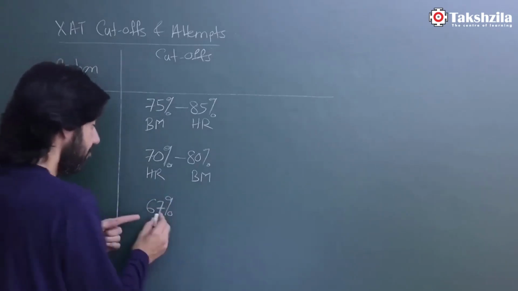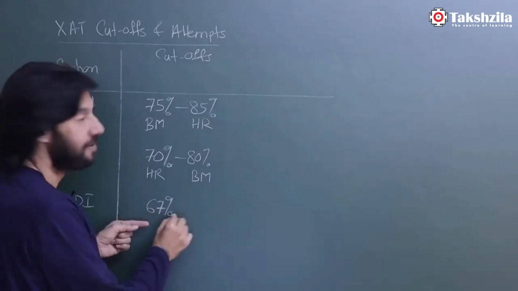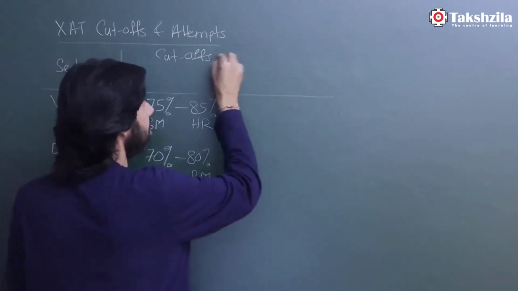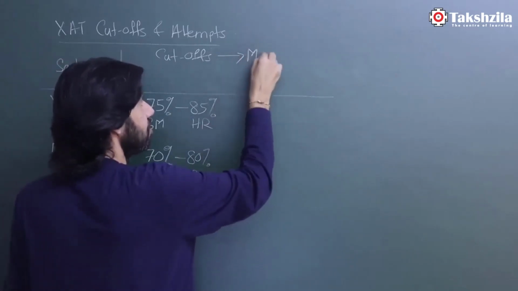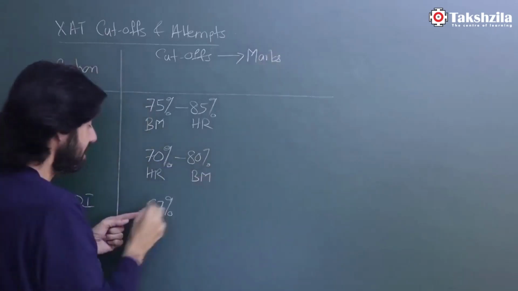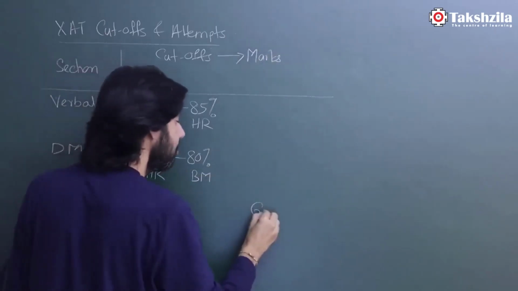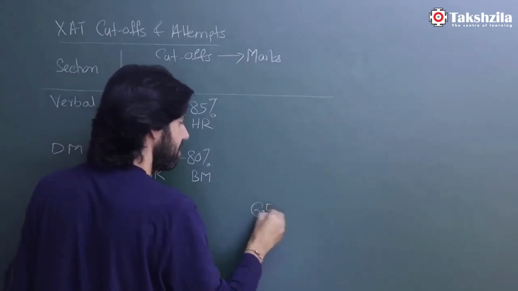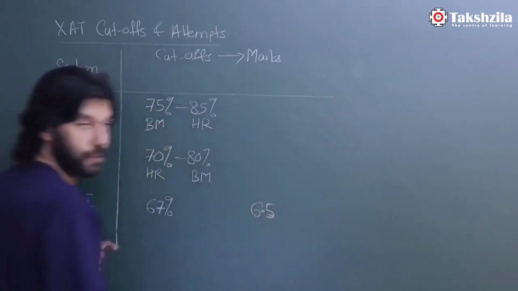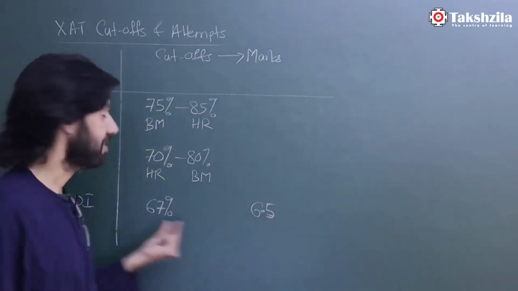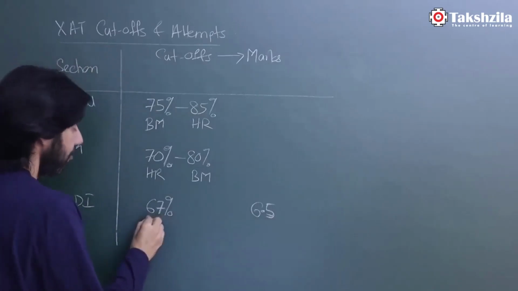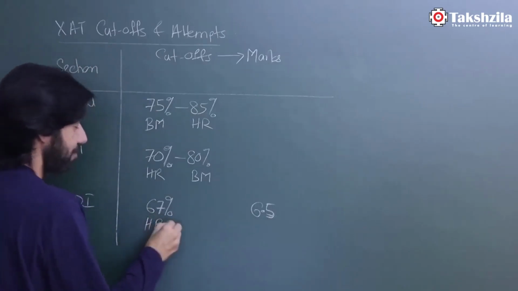And if you want to understand how low is 67 percentile, I'll be converting these cutoffs to marks, because only then would you make sense. The 67 percentile is as low as 6.5 marks. So in quant, if I just get 7 marks, that works for girls for HR.